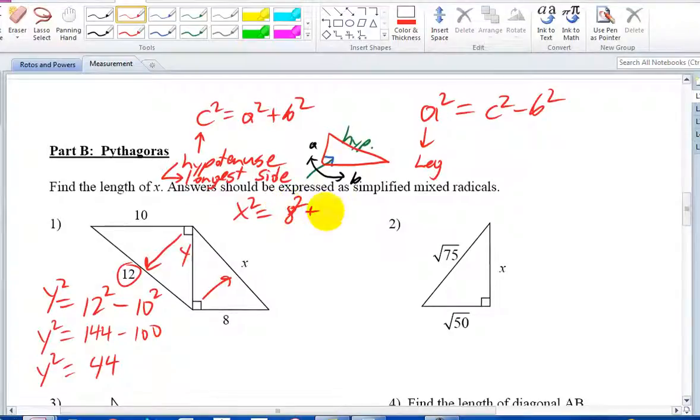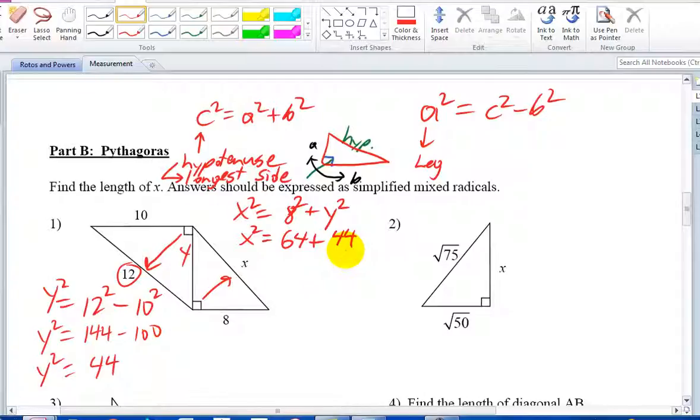Wait for it. Y squared. That's why we wouldn't take the square root of y squared, because we need to figure out what y squared is. So 64 plus what? 44.